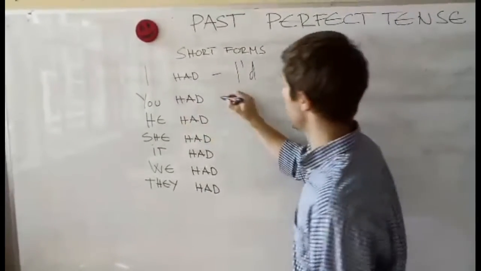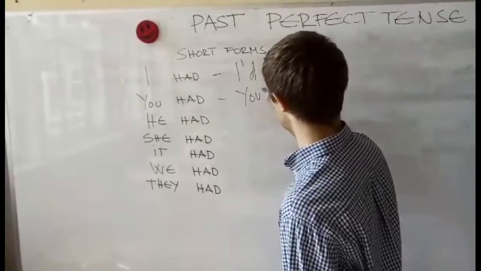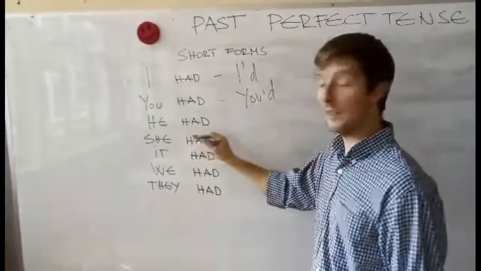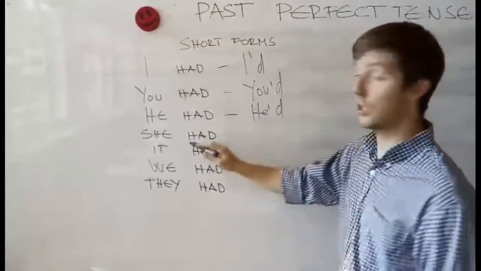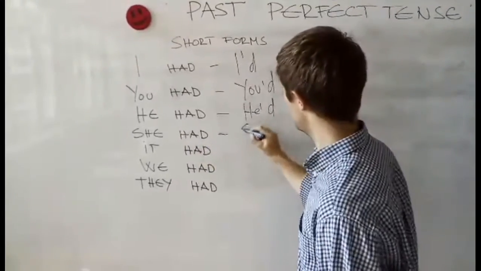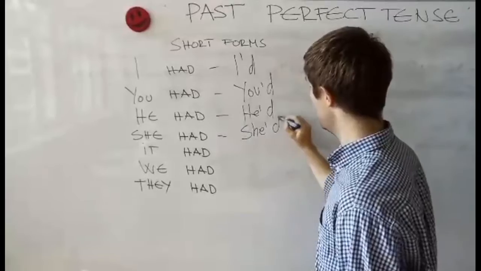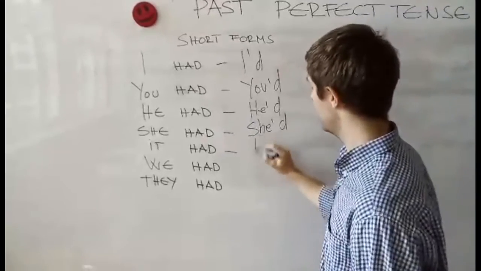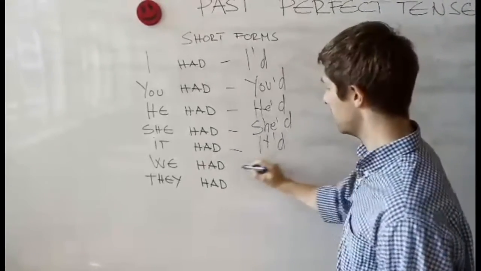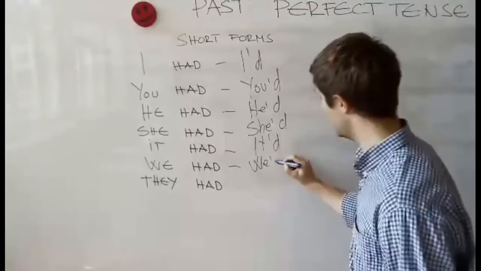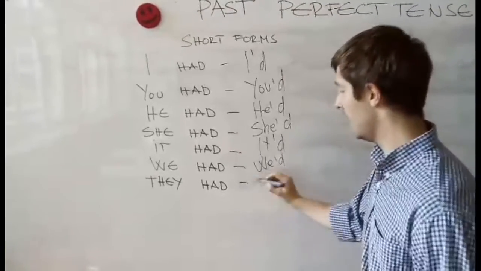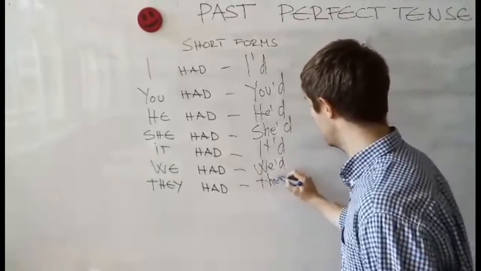You had is you'd. He had is he'd. She had is she'd. It had is it'd. We had is we'd. And they had is they'd.